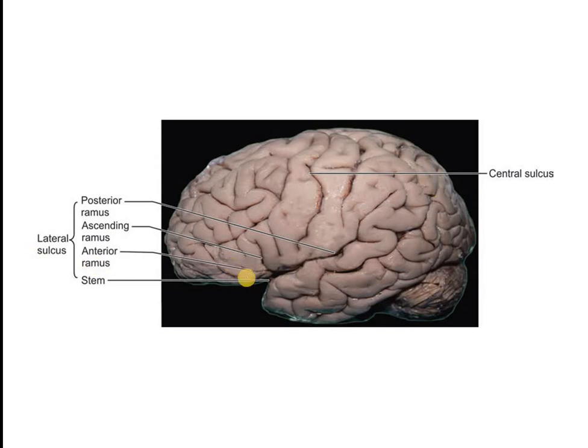So this is the structure of the cerebrum. This is the side view. This is the central sulcus. You can find it here.